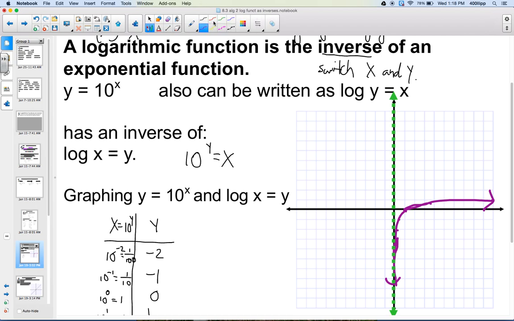Okay, so now we could see that x equals 0 is going to have a vertical asymptote.